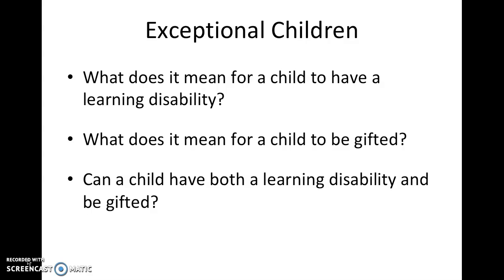What do you think? Can a child be exceptional on the lower tail as well as on the upper tail? Can they have a learning disability and be gifted? The answer is yes, they can. That's what's referred to in the literature as twice exceptional, or 2E. These are the children that sometimes have the hardest time in our school systems, because we might have some good supports for students who have difficulties or challenges.